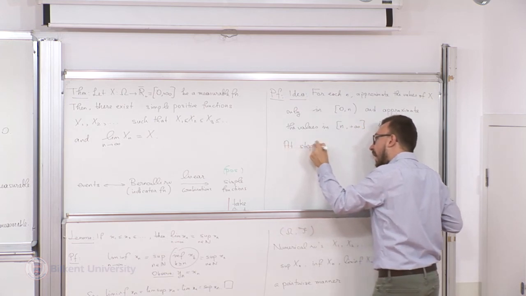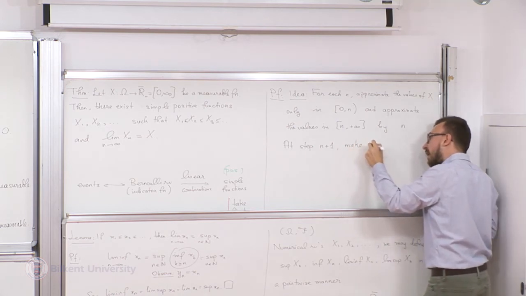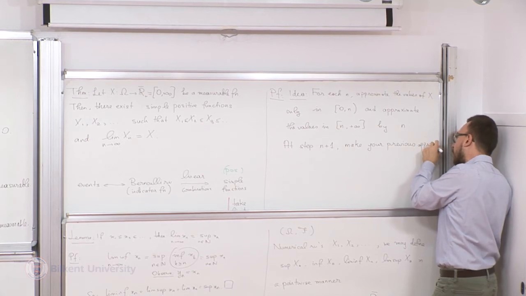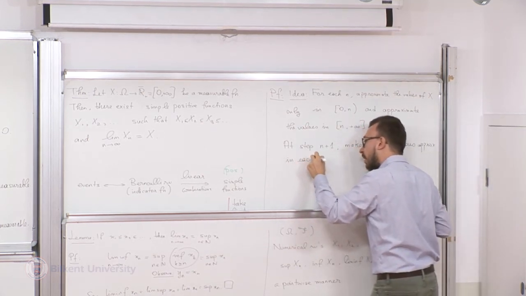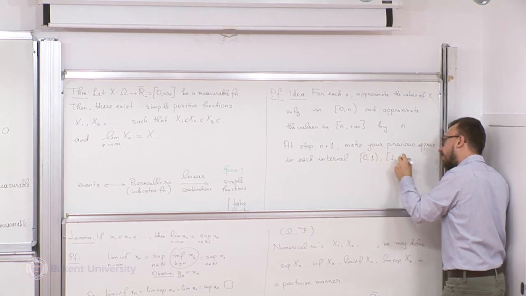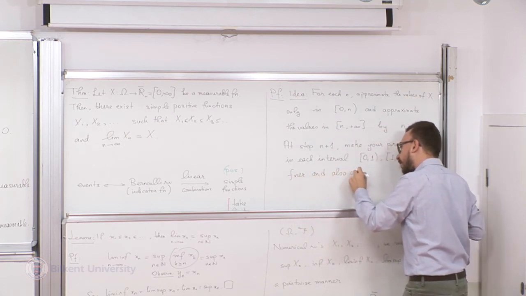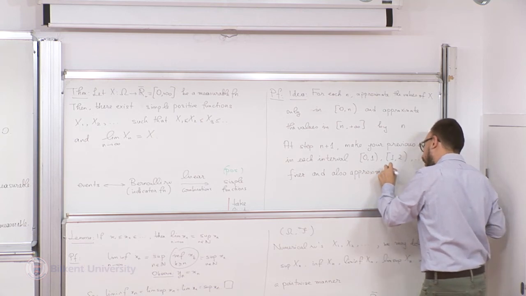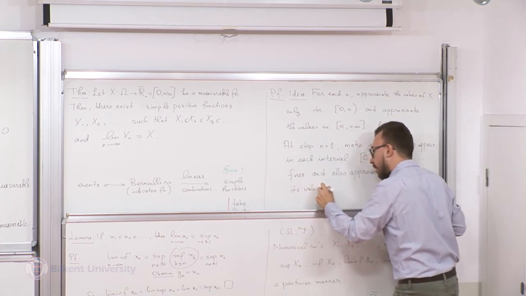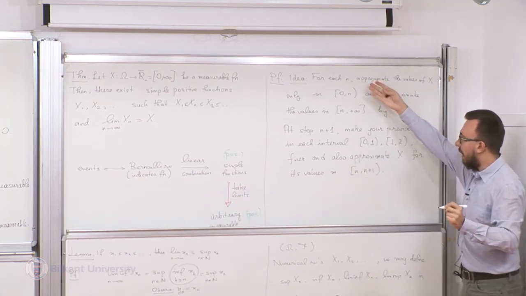At step n plus 1, make your previous approximation in each interval 0, 1, 1, 2, etc., finer, and also approximate X for its values in n to n plus 1. So that will be the new part after step n.